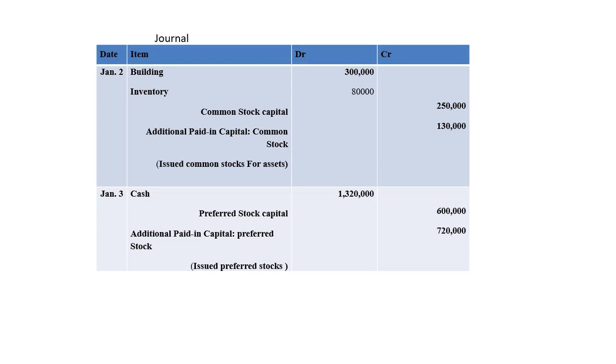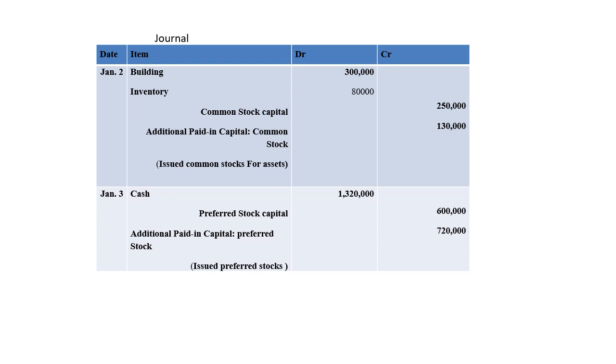Instead of issuing the stocks for cash, these stocks were issued for building and inventory. So we debit the building and debit inventory by the market value given, and we credit the capital by the par value. As we said, always the capital is credited by the par value.